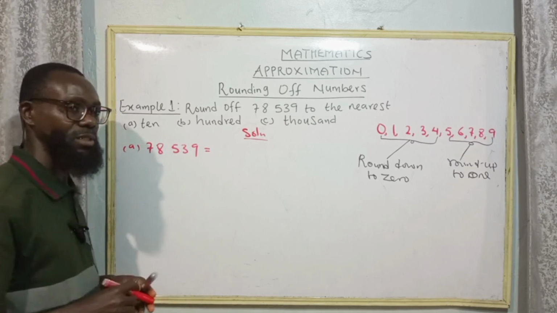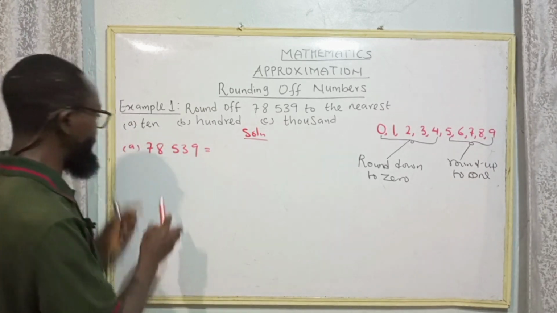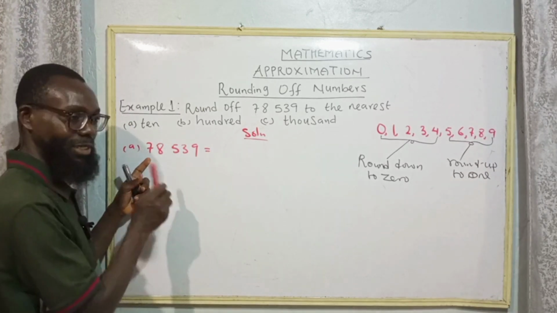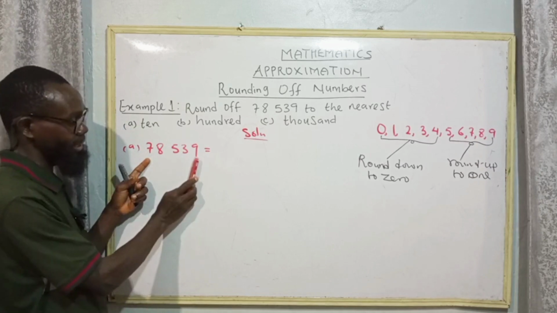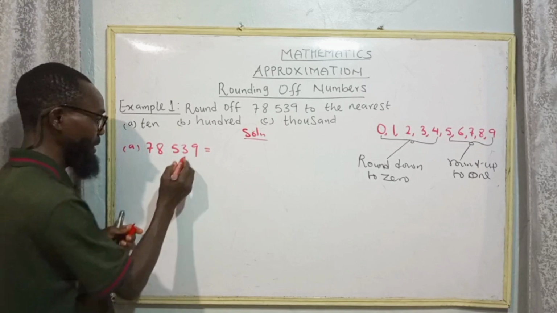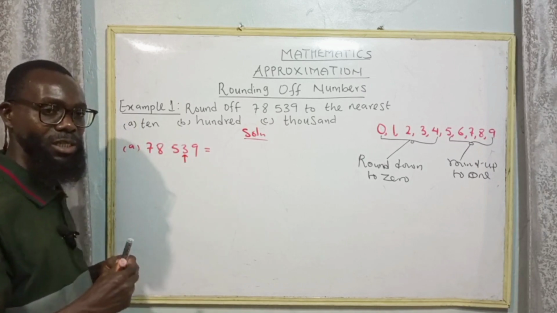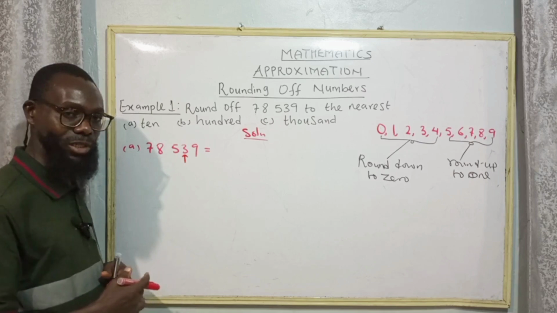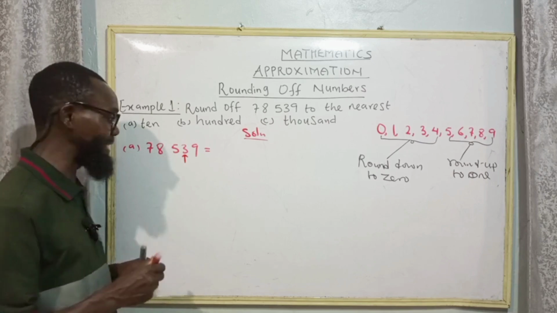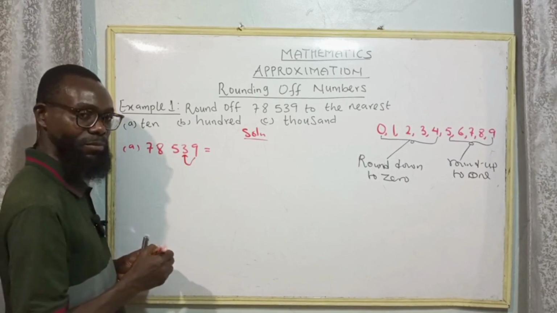Don't forget, for 10 we have 1 digit. So the first digit here is units, the next digit here is 10. So this 3 is a 10. Since this 3 is a 10, you look at the right-hand digit, which is 9.